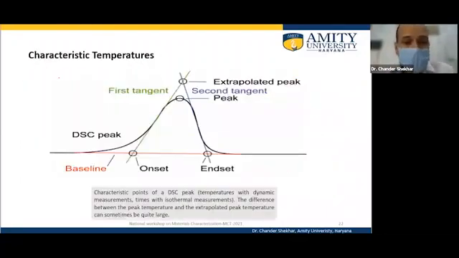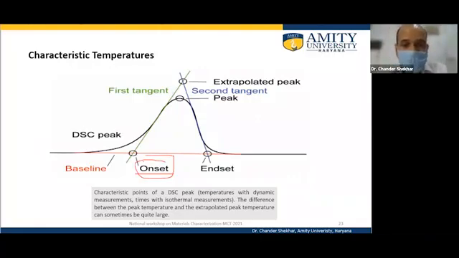So how do we look at a peak, and what are the different parameters that are set? There is the onset temperature. This is the temperature where the transition is thought to be starting. Suppose you are determining the melting point or boiling point; this onset temperature actually determines the melting point.